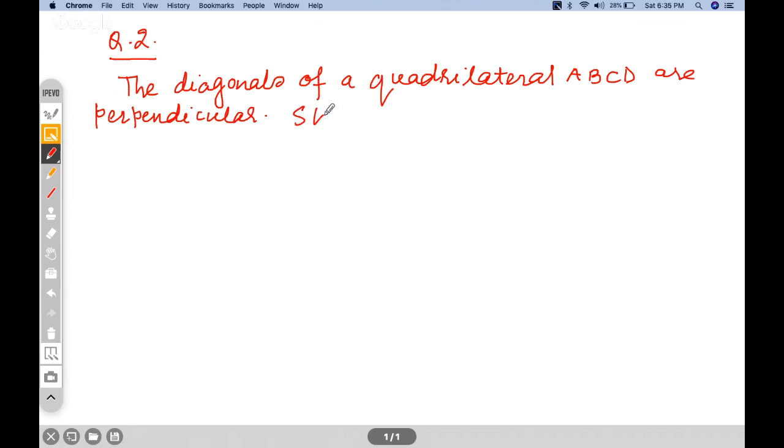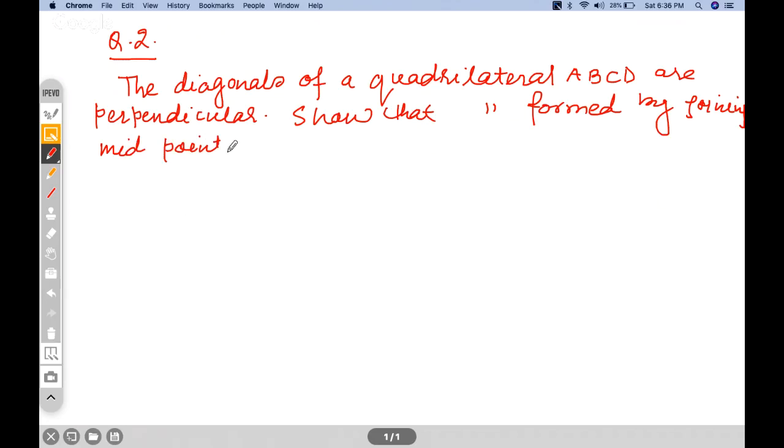Show that the quadrilateral formed by joining midpoints of its sides is a rectangle.